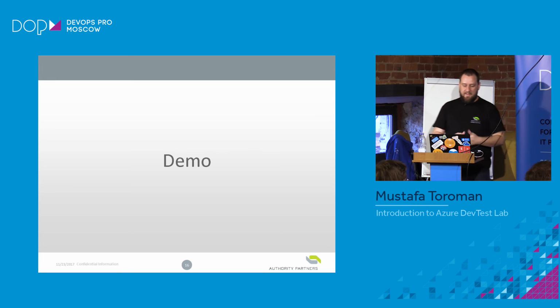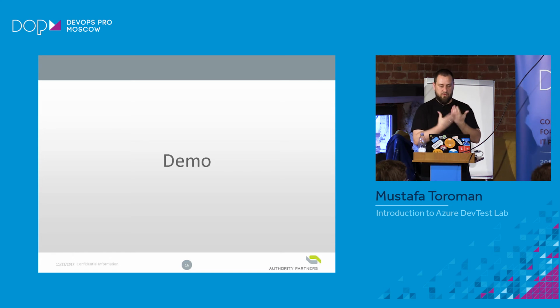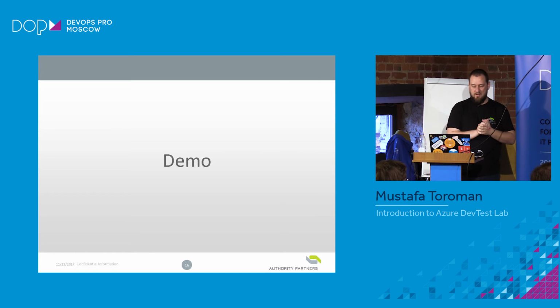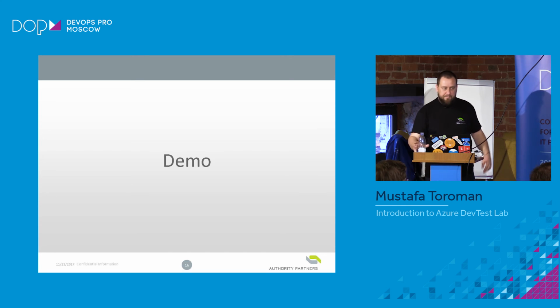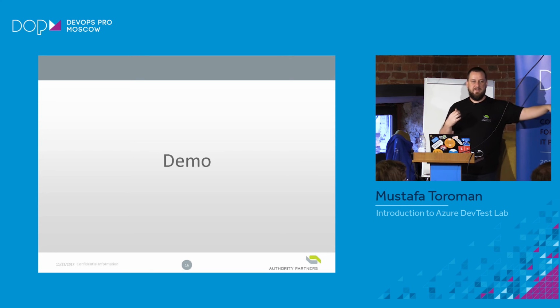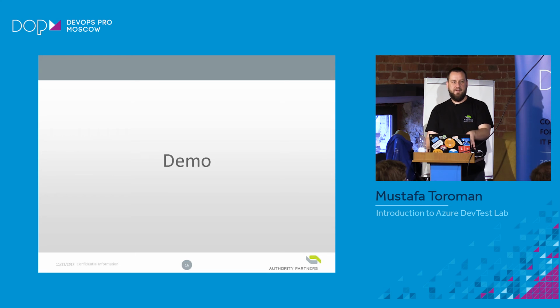So when I click add, I want to create a new virtual machine. As the administrator of this DevTest lab, I have everything in place. I have images I pre-created, but also all those default images that can be used by me. So I can select any of these.